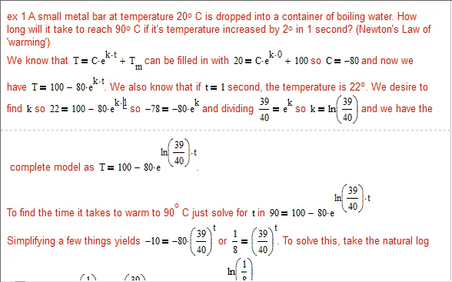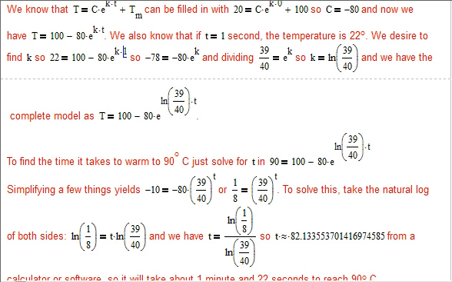To find the time it takes to warm to 90 degrees Celsius, we just need to solve for t in this equation when you put 90 in for T. And so, -10 equals -80 times 39/40ths to the t, because e to the ln of 39/40ths is 39/40ths, so there you have that part.